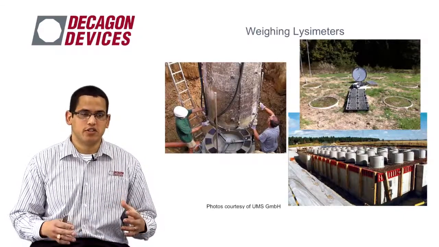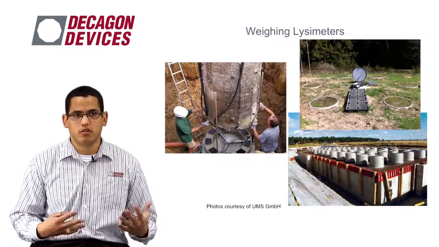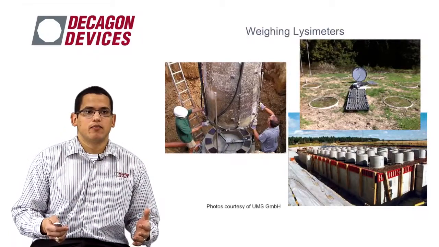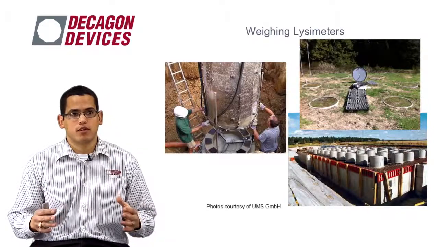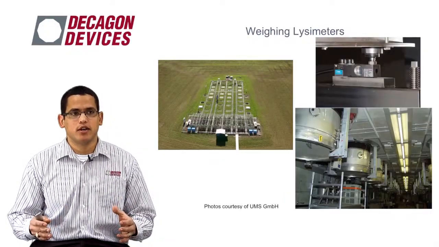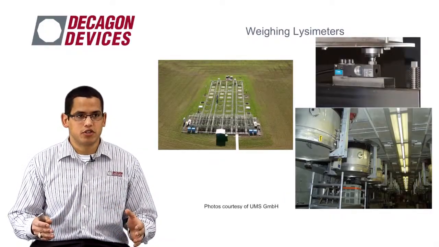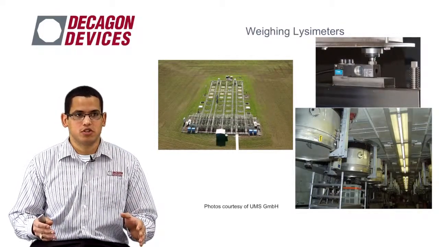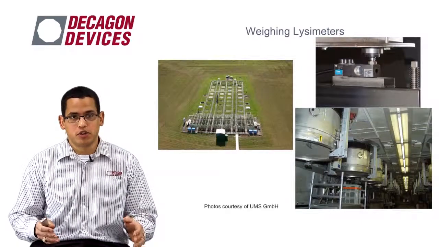Or you could have individual lysimeters out within the area. Here on the left, you see a large lysimeter research facility out at the Helmholtz Research Center outside of Munich.